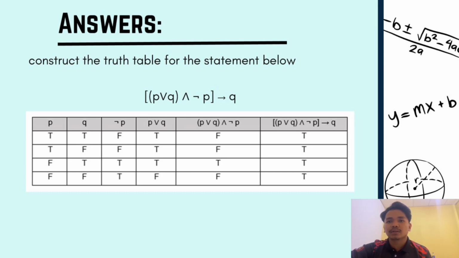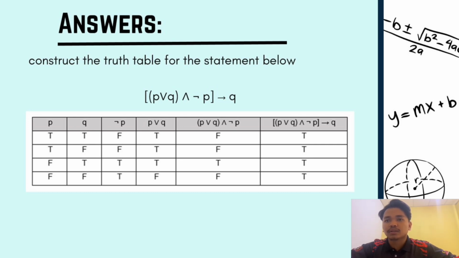For P, we have true, true, false, false. For Q, true, false, true, false. Not P, false, false, true, true. For P or Q, we have true, true, true, false.